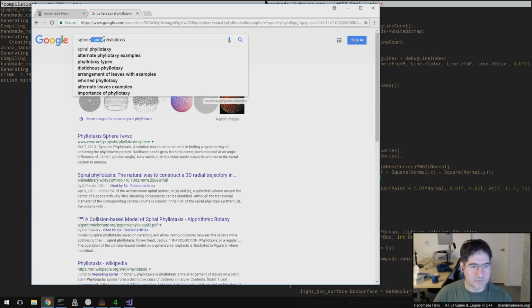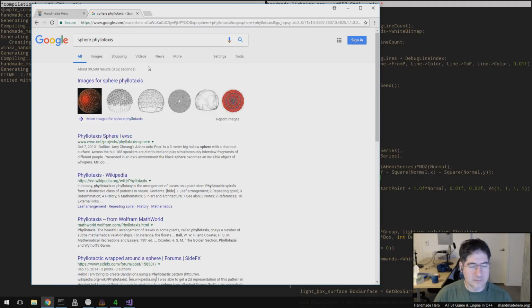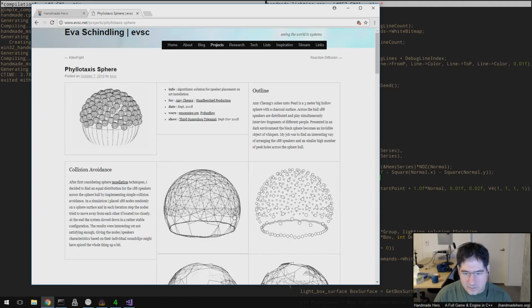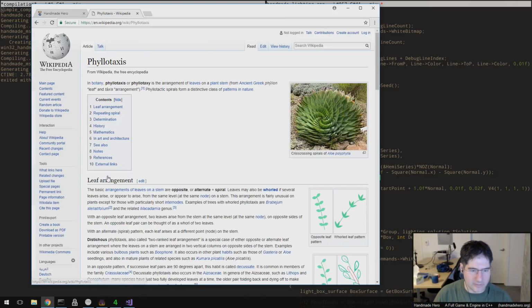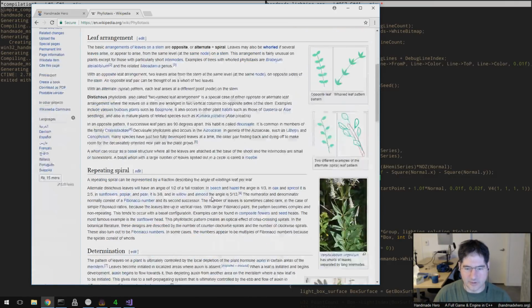Let's see if we can get a diagram of this somewhere. So yeah, this is kind of like it, but it's not really what I wanted. This is more what I wanted, yeah.